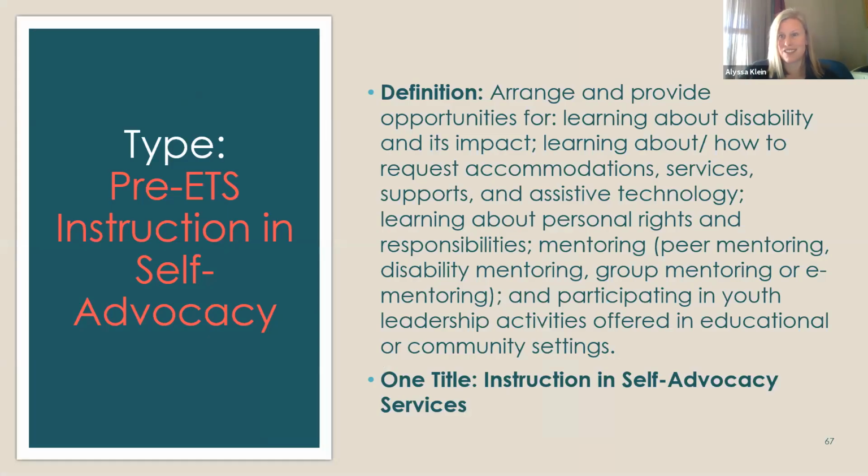And that definition is also listed on this slide. Again, there's just one title, which is Instruction and Self-Advocacy Services. And some examples of what a provider could offer could be a self-advocacy workshop, a mentoring or leadership program that you could choose to refer students to, and other items that are similar to that.